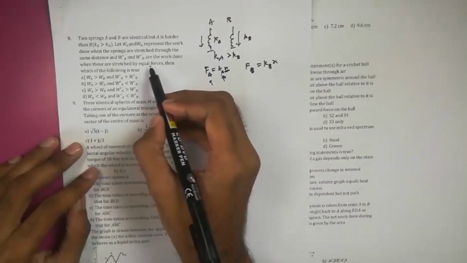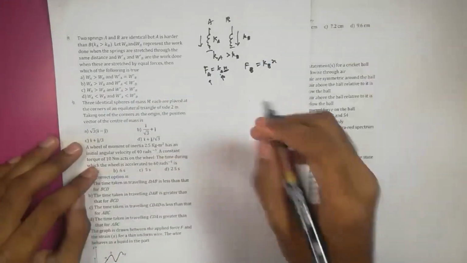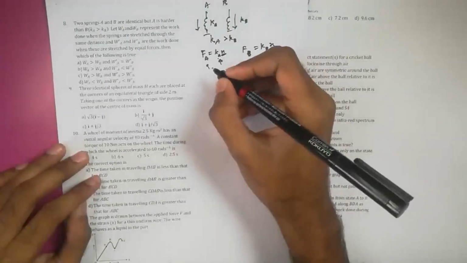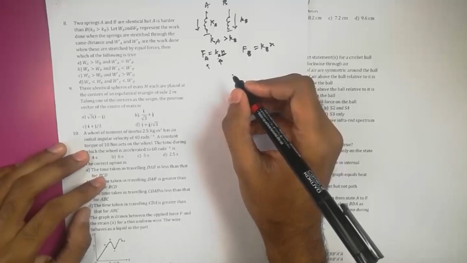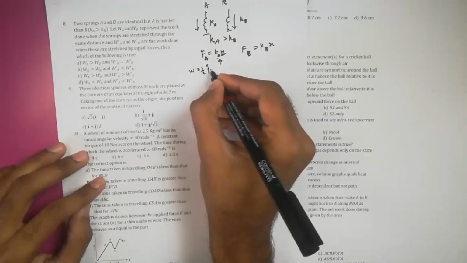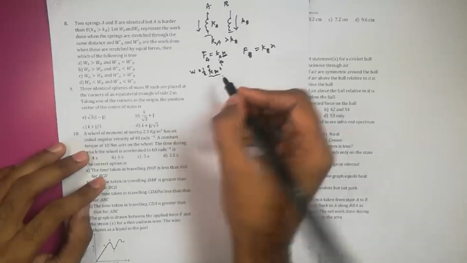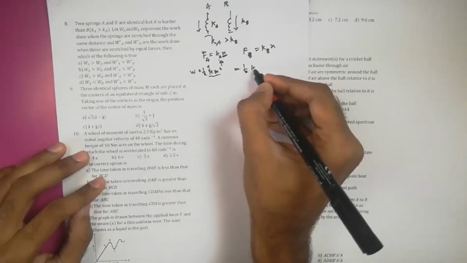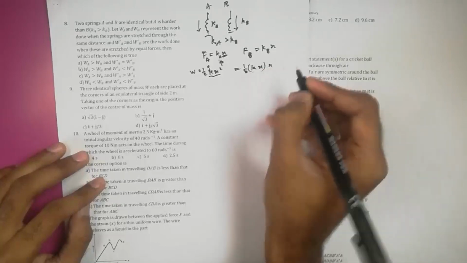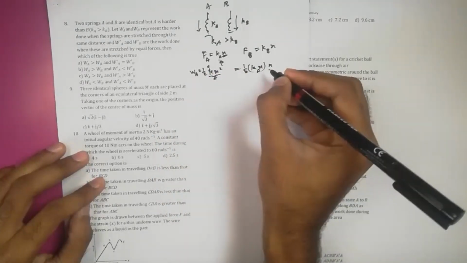To find the relation between the work, we know that work depends on half kx square. So if we consider kx square, if we rewrite this as half kx into x, let's say this is for body A, this one. That means we already know which one has the most force.